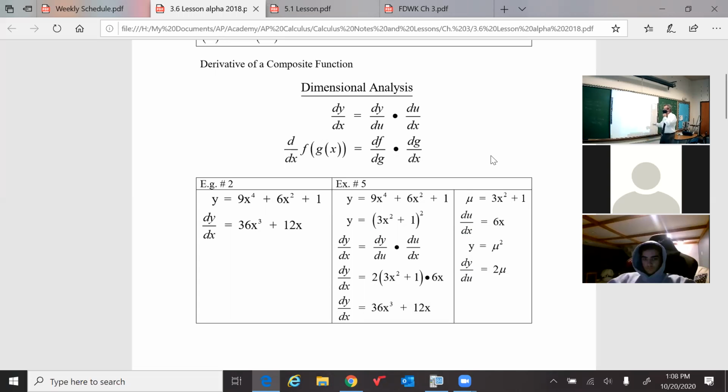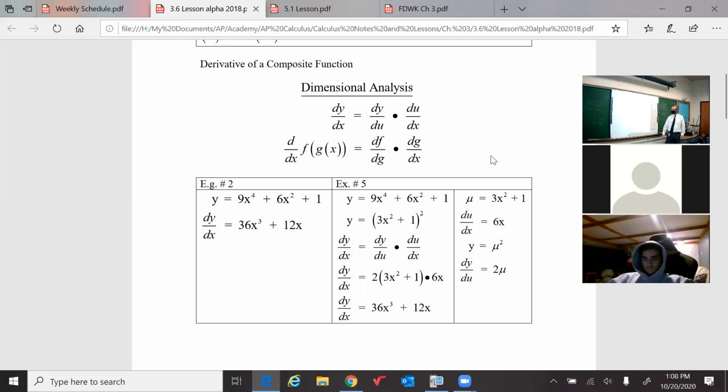So therefore, we could rewrite the question as y equals 3x squared plus 1, the quantity squared. It's the same question. You're going to get the same answer. But we could use the chain rule here, which we didn't need to here.